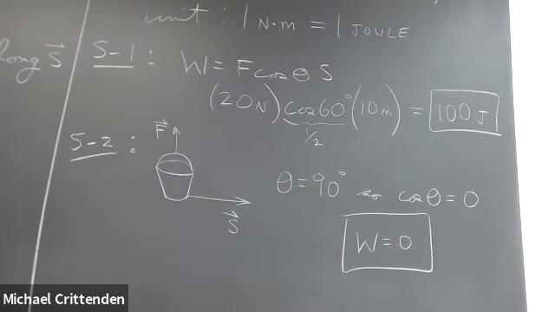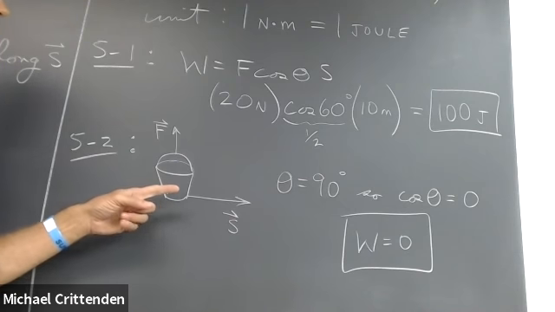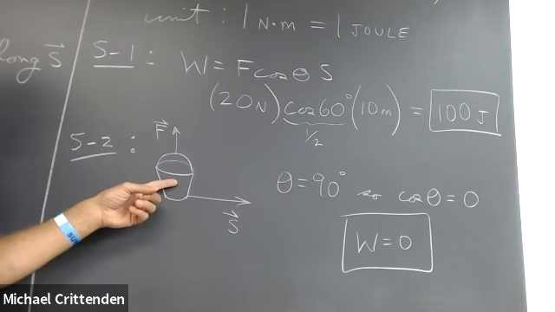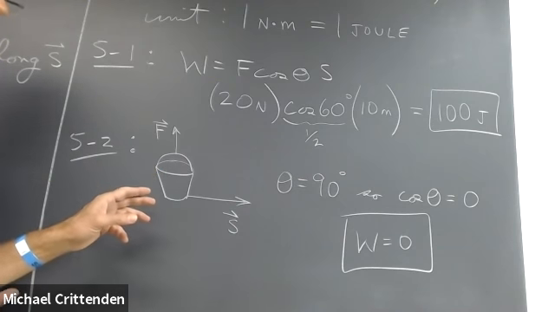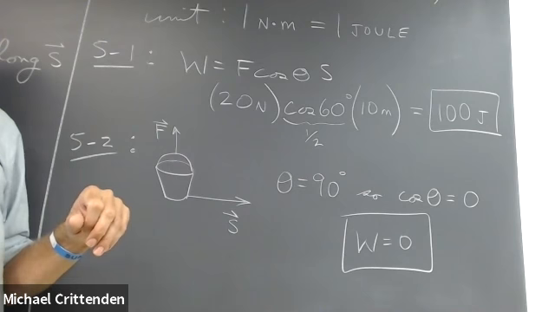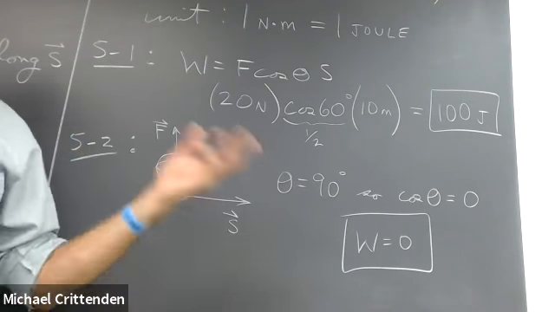So work is done whenever, I guess one way of saying it is whenever you add or remove energy from an object. If you have a ball and you throw it, you do work on it, you're adding energy to it.